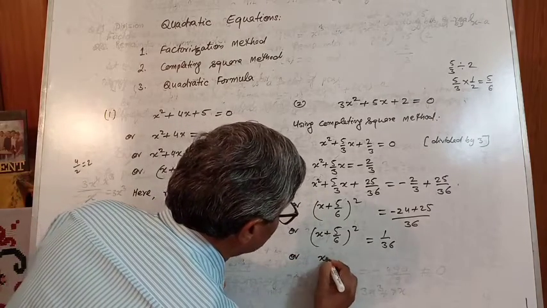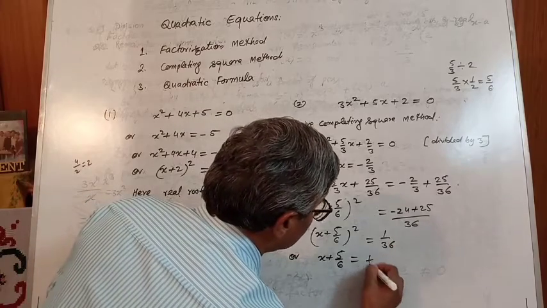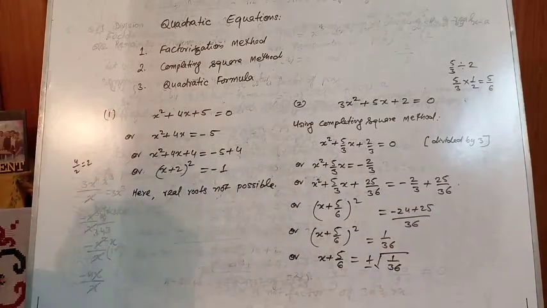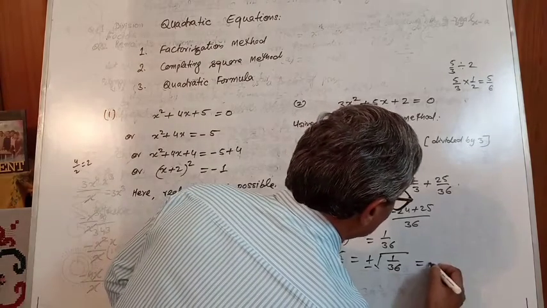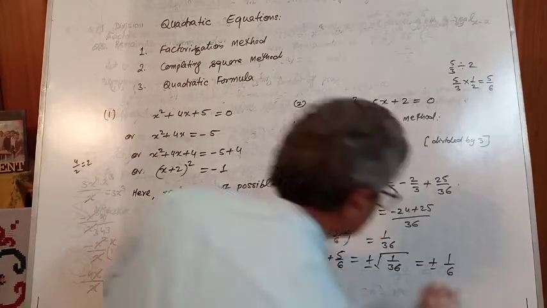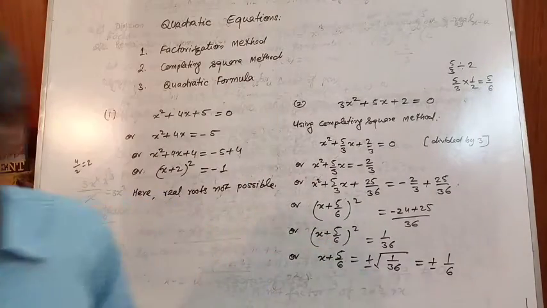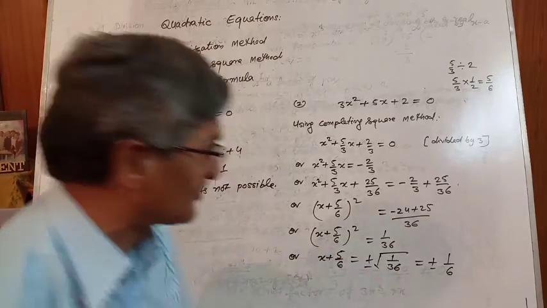Or x plus 5/6 equal to plus minus root 1/36. And root 1/36 will be plus minus 1/6. Root of 1 is 1 and root of 36 is 6. So here we are getting two numbers, plus 1/6 and minus 1/6.